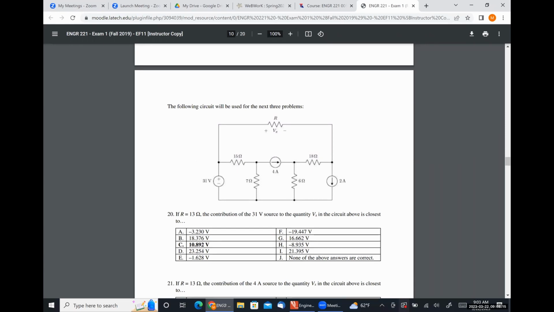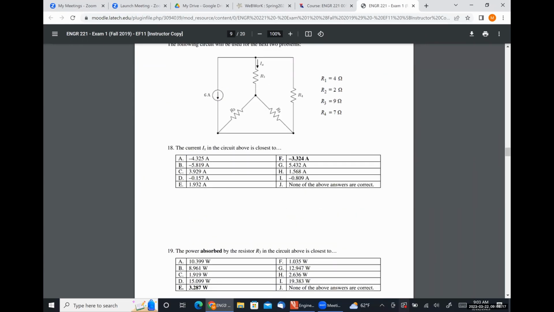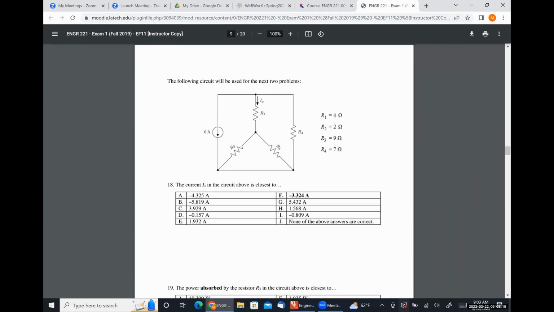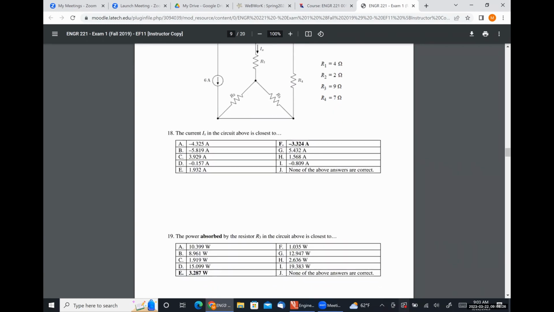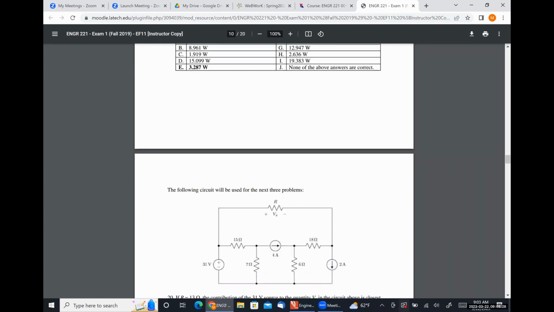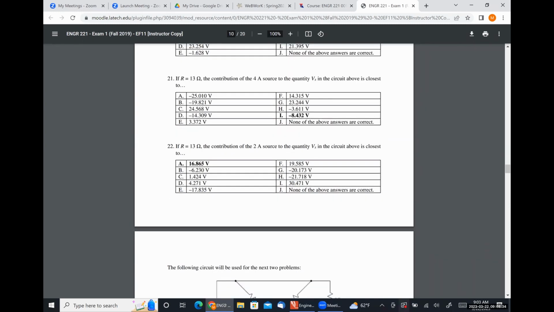You do nodal analysis for this one. Technically could do it for this one, but it wasn't my intention. I mean, you can throw nodal analysis at pretty much anything if you want to. Whether or not it's a smart move is an entirely different discussion, but yeah.